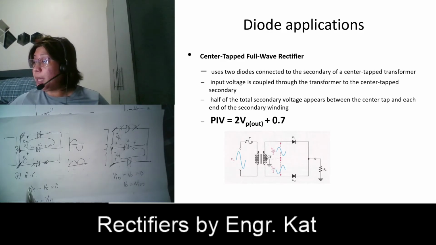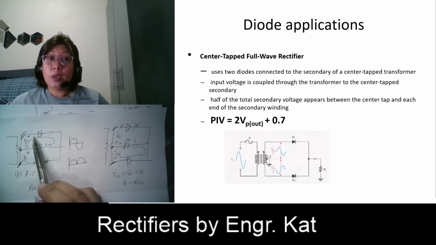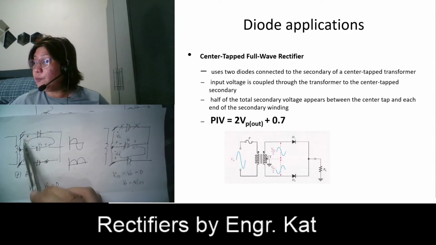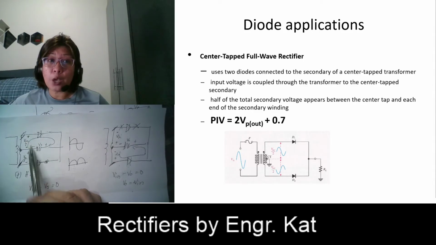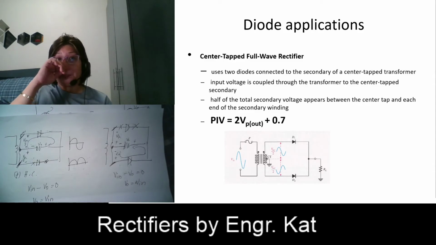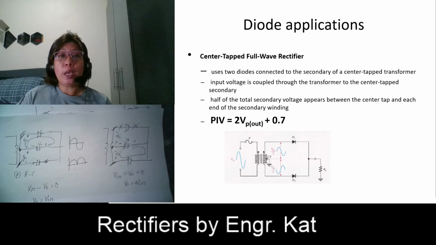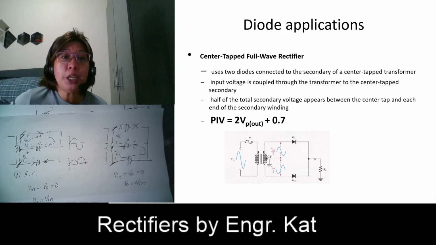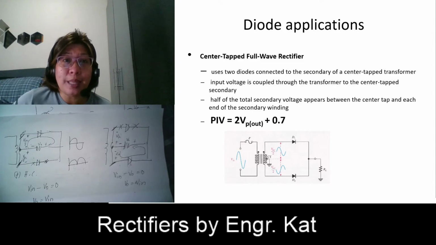Since this is your VP out, that is just 1/2, we will be considering a PIV of the whole secondary voltage here. We will not divide it into 2. So we have here 2 VP out plus 0.7. So why 0.7? Because during the time that this is open, one diode is conducting. So therefore, it is included in the reverse bias open circuit here. Okay?